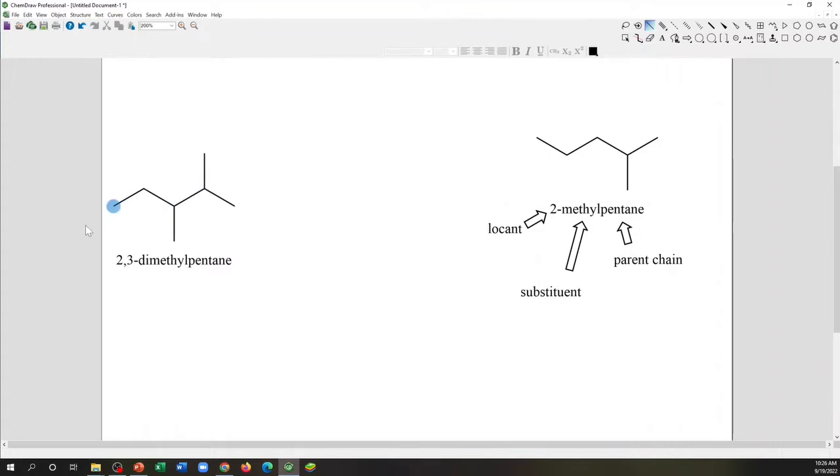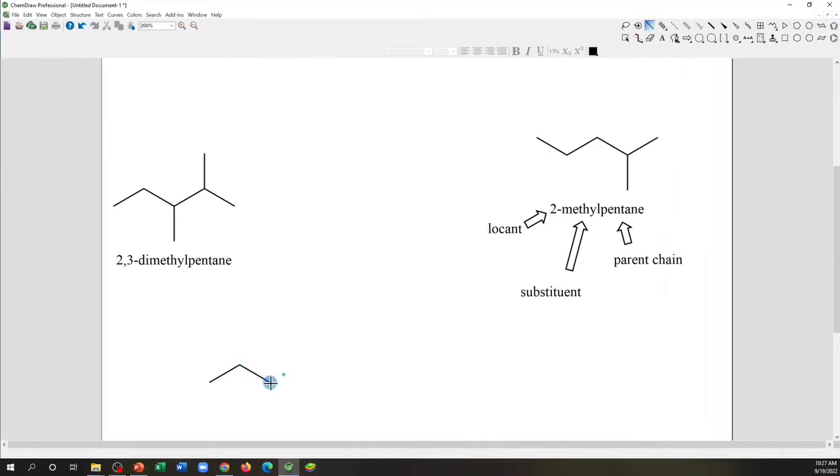It doesn't matter as long as it's the longest continuous stretch of carbons. But now we have 2 methyl groups. One of them is at the 2 position and one of them is at the 3 position. The 2 methyl groups are lumped together as dimethyl, and then their locants are separated by commas. So this is 2,3-dimethylpentane.